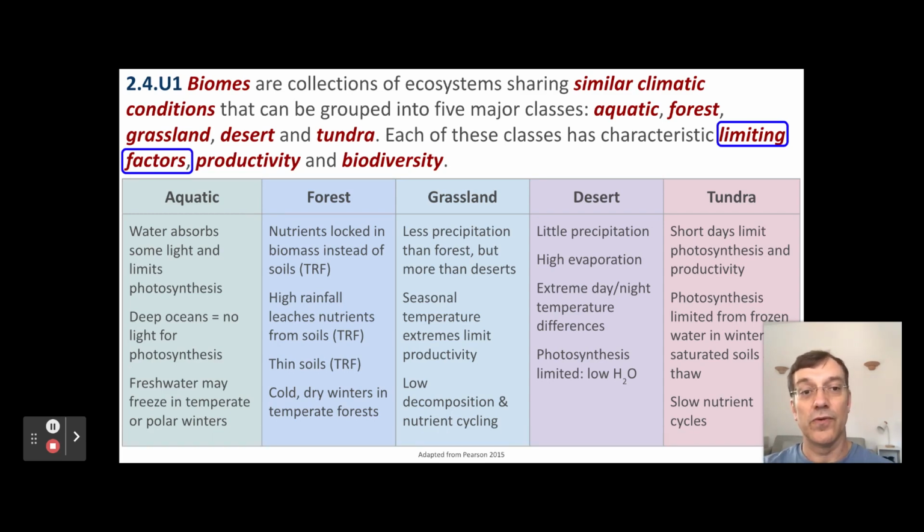Let's review these limiting factors. In aquatic biomes, because water absorbs some of the incoming light, that limits the amount of photosynthesis because there's less light available for photosynthesis to happen. In the deep oceans, those abyssal zones that we saw on the map earlier, there is no light, so no photosynthesis happens, which means they have very low levels of productivity.